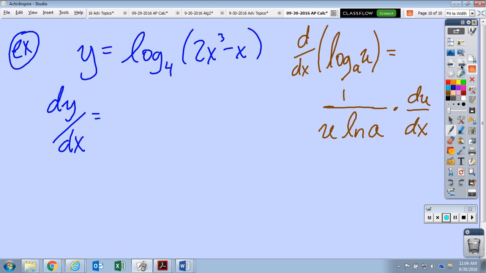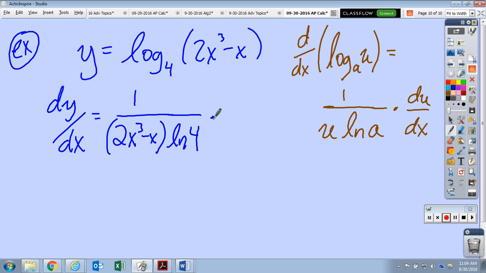And again, I was going to have Monday just be a continuation review. Okay, sounds good. So here we have 1 over u, so 1 over 2x cubed minus x, that whole thing, times the ln of 4, times du dx.